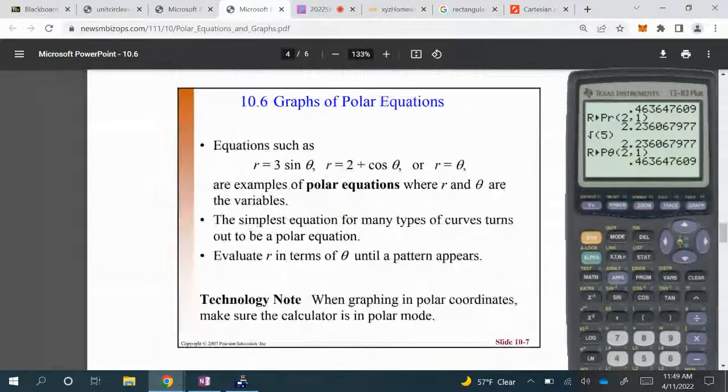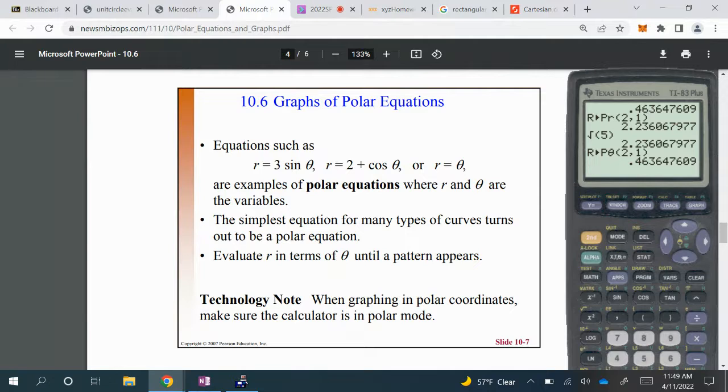Okay, let's just talk about what a polar equation looks like before we actually convert from one to the other. Here we see the first bullet point, which gives some examples of polar equations. When we talk about rectangular equations, they have the variables x and y. For polar equations, we have the variables r and theta.